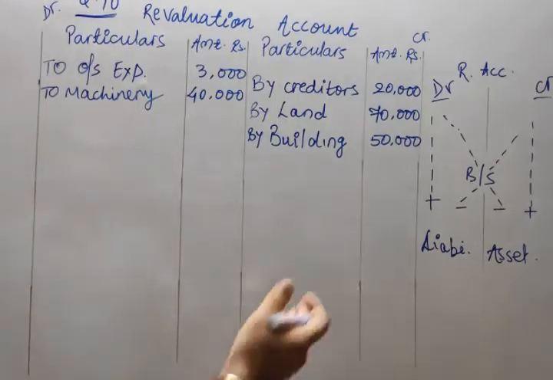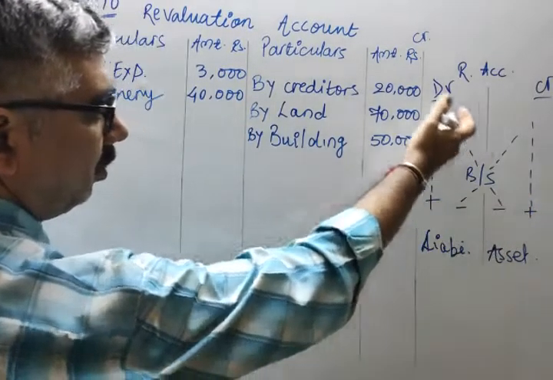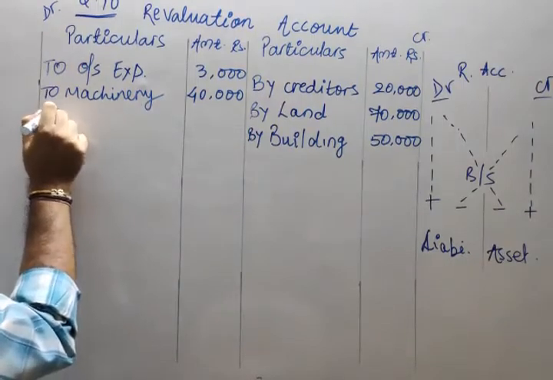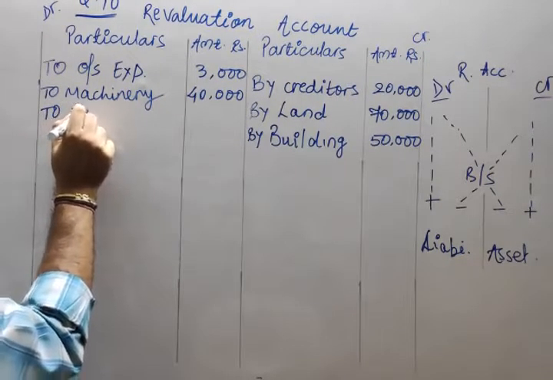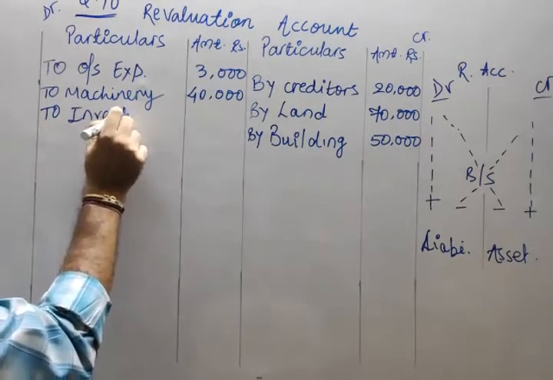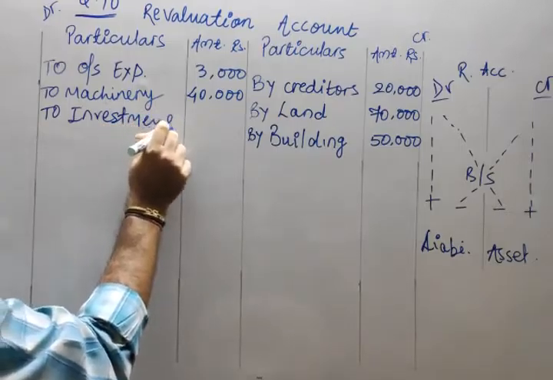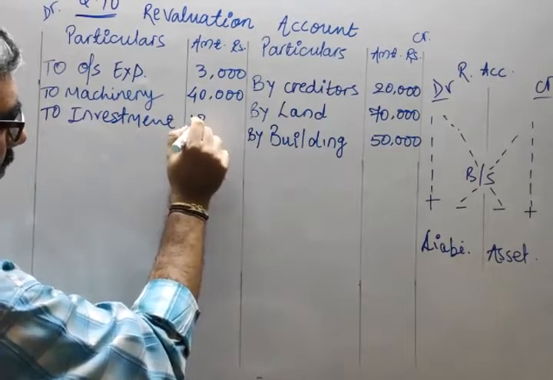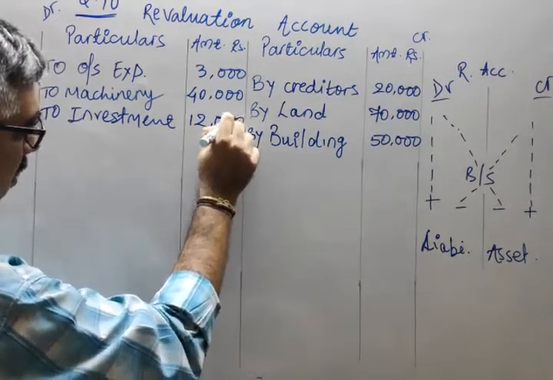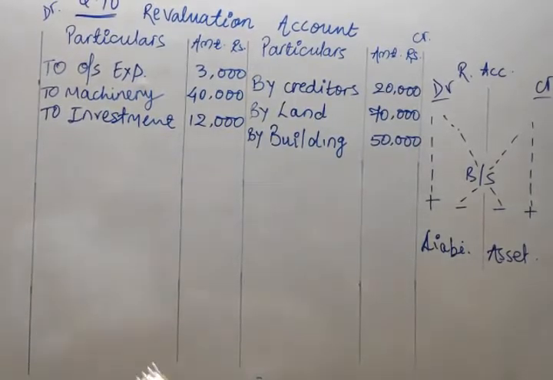Again, asset side, minus cross, to investment, 30% of 40,000.